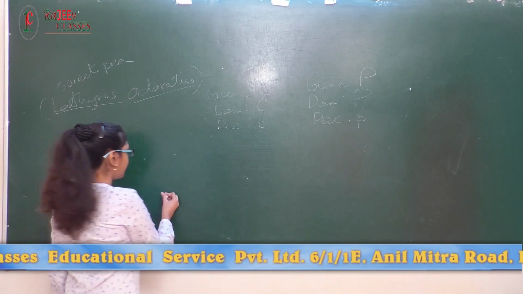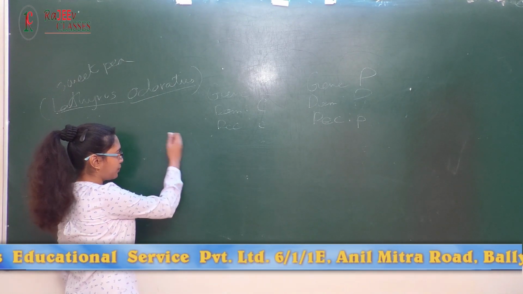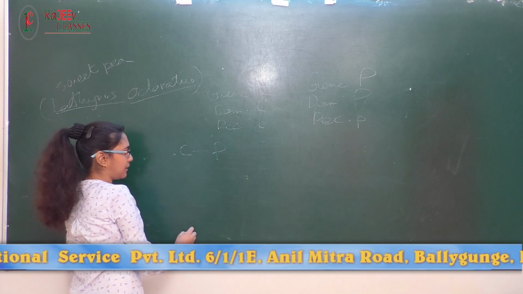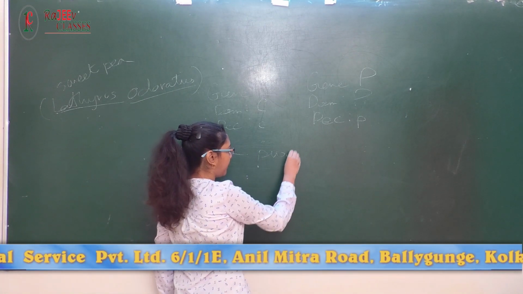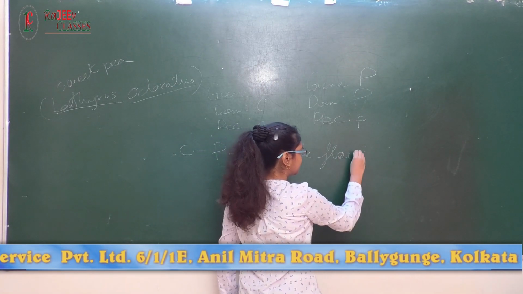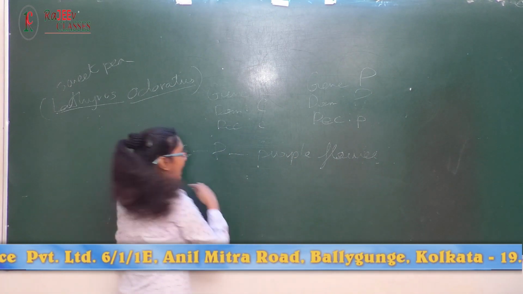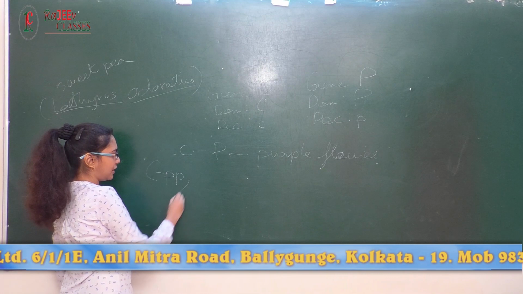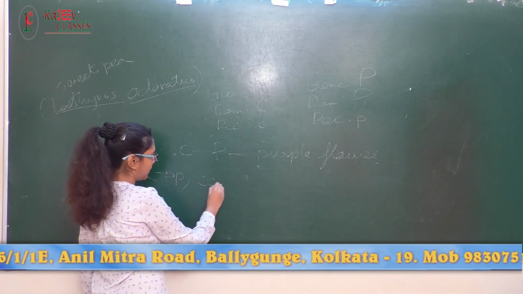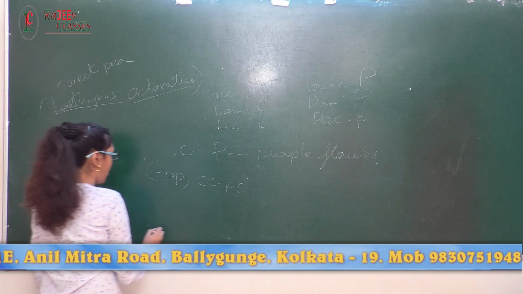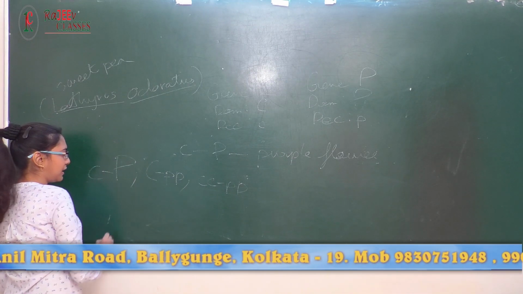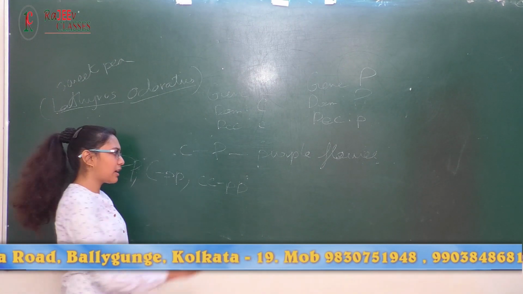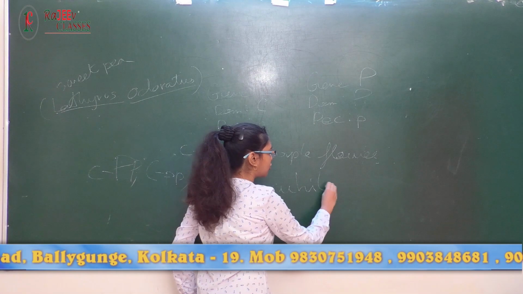So if you have capital C and P, you will get a purple flower, and any other combination, capital C, small p, or small c, small p, or small c, capital P, any combination where capital C and capital P are not present together, the flower is going to be white.